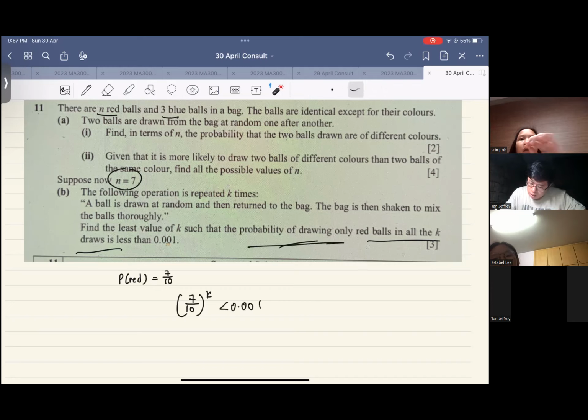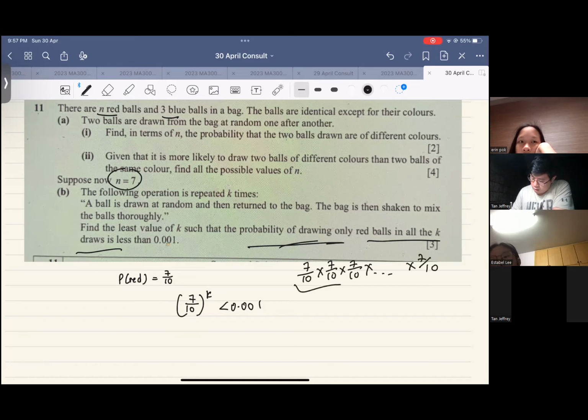Why do you make it to the power of K? Because we are talking about K draws. The first draw, I want to draw a red ball. The second draw, I also want to draw a red ball. The third draw, I want to draw a red ball. All the way, I got K number of draws. So 7/10 times 7/10 times 7/10.